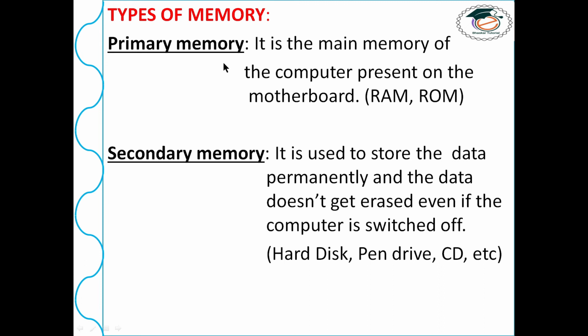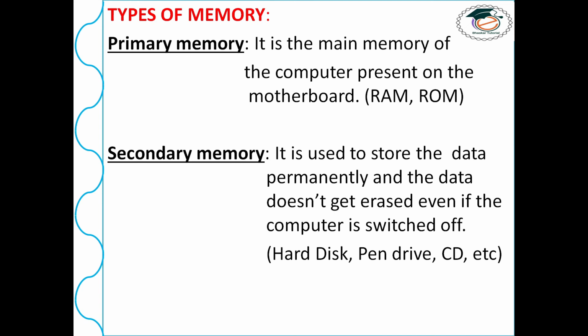Primary memory is just like a table on which we keep our books for a time being while we study. After studying we keep our books in a case, in a bag. So the bag is the permanent place, and that is known as the secondary memory.